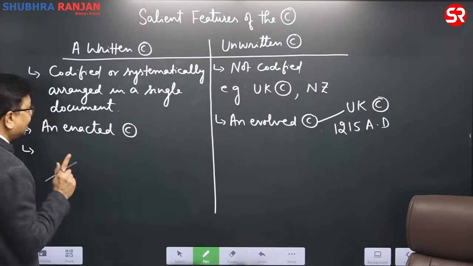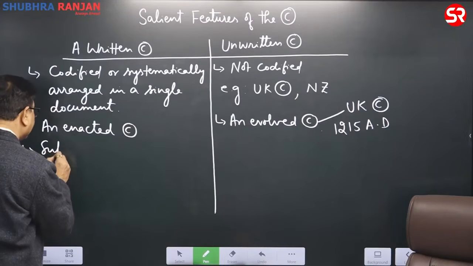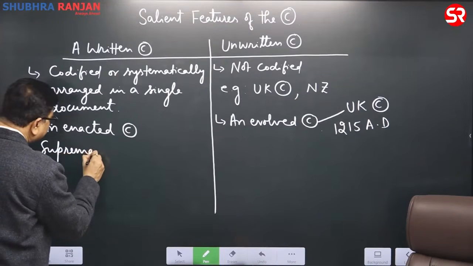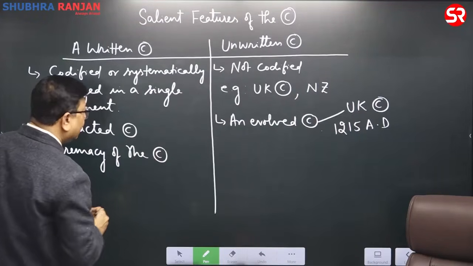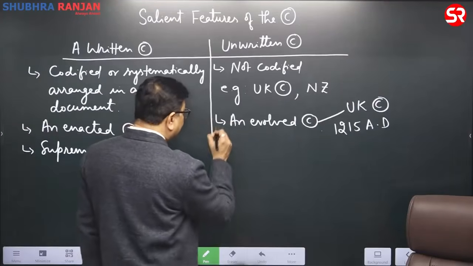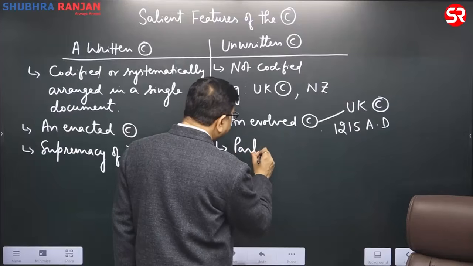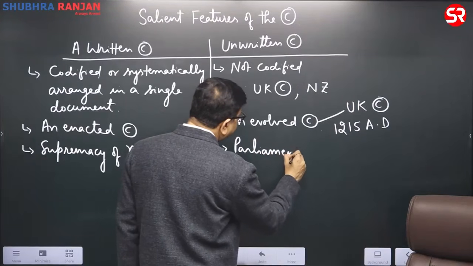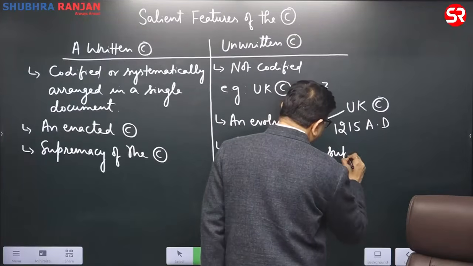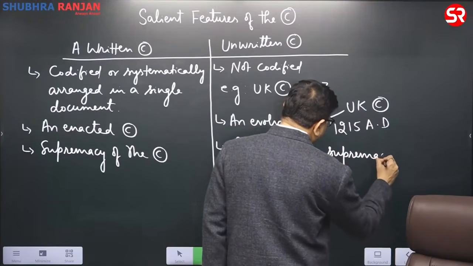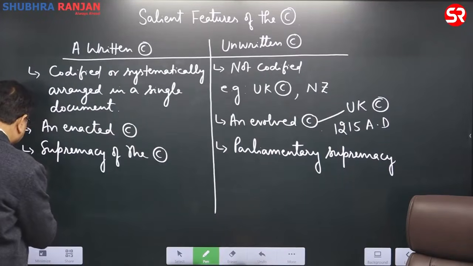And then the most important difference is that wherever we have a written constitution, there is supremacy of the constitution, and wherever we have unwritten constitution, there is parliamentary supremacy. Why do we say that there is supremacy of the constitution?